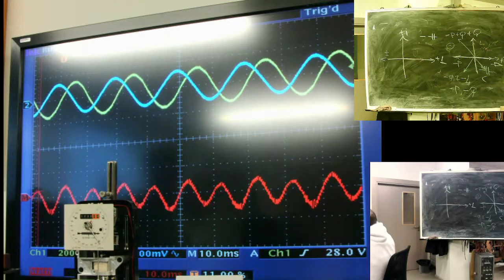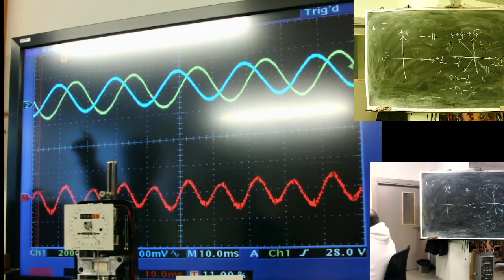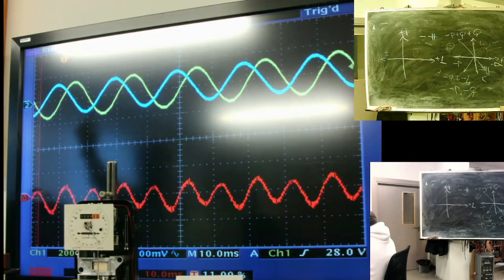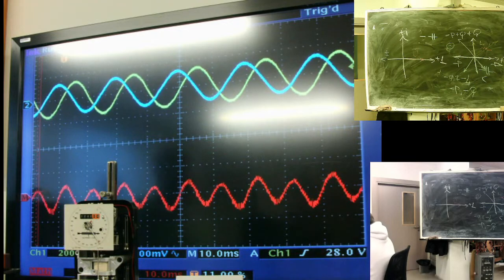For the scope, now is where the thin line is. Who arrives first, current or voltage, blue or yellow? Blue. This means voltage lagging, current leading. Yes.